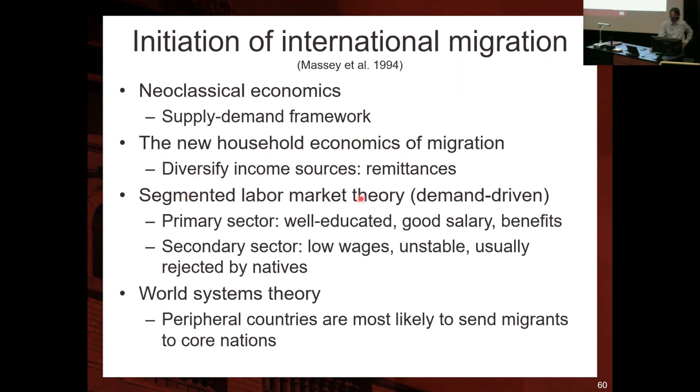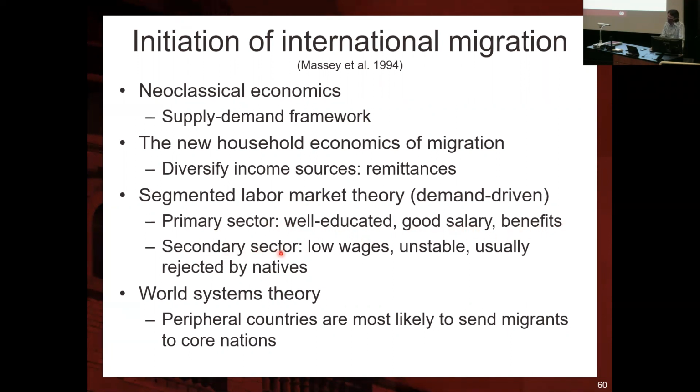The segmented labor market theory pretty much emphasizes that the societies are divided in two sectors, the primary sector and the secondary sector. The primary sector usually has more well-educated people, better salaries, and better benefits.